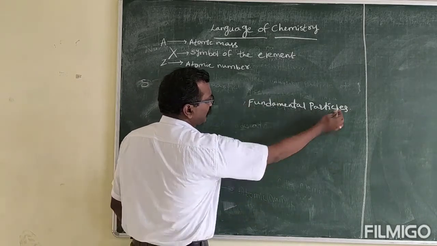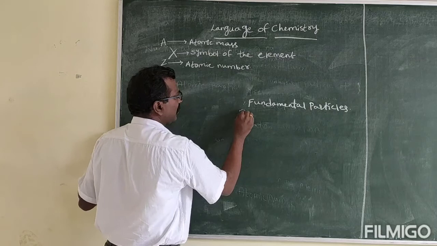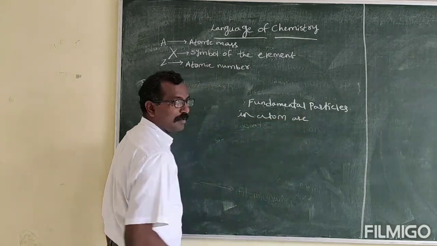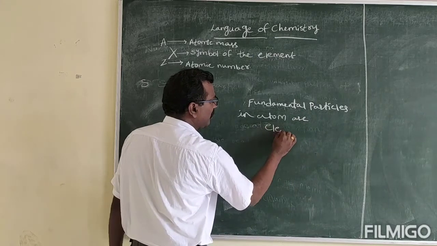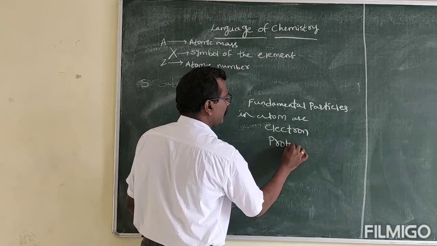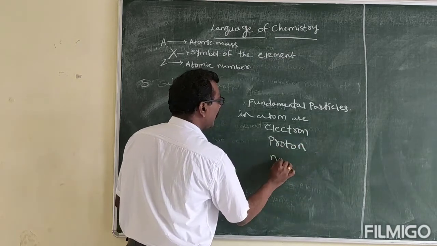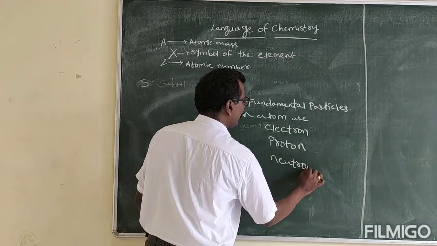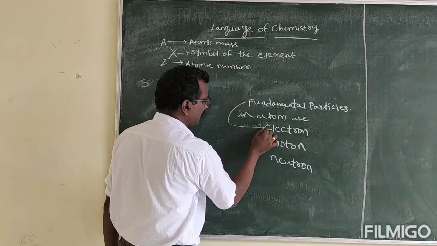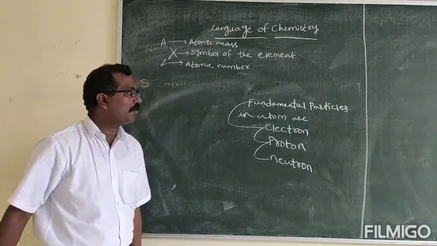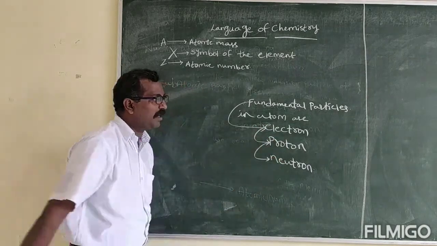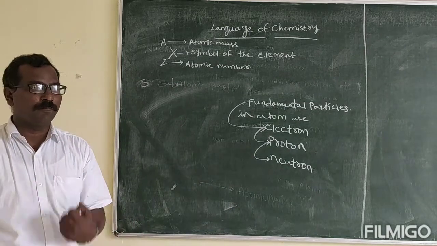Fundamental particles in an atom are three: electron, proton, and neutron. These three are the fundamental particles in an atom.